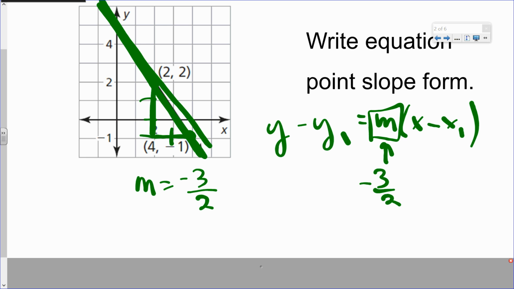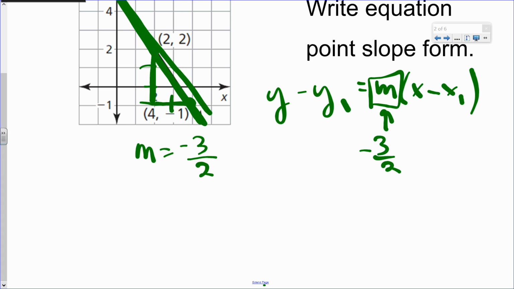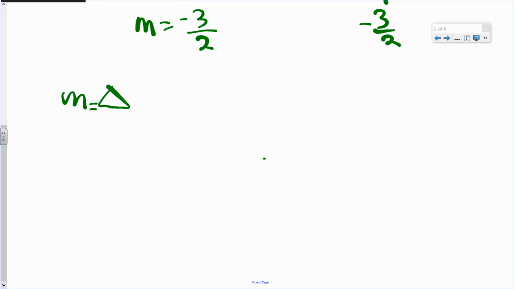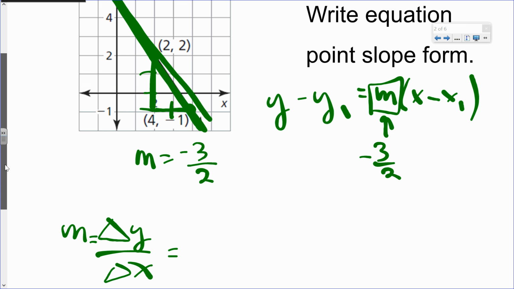Or let's go delta y delta x really quick. If you don't like going manual using your finger, just go delta y delta x. Watch. The slope is delta y over delta x. In this case, I got 2 and negative 1 for my y's, and then 2 and 4 for my x's.